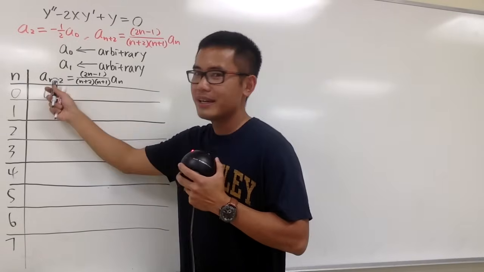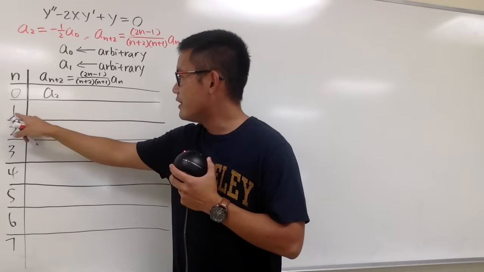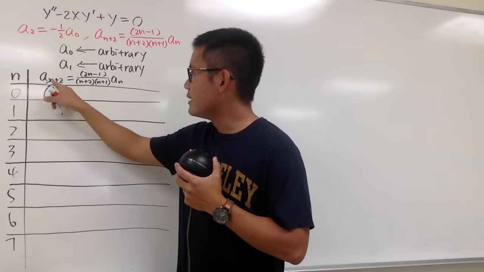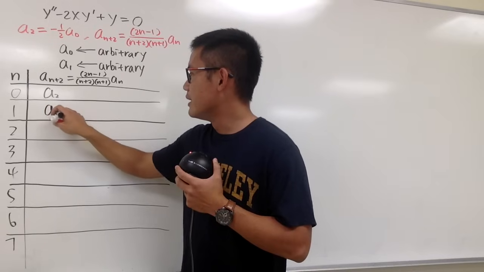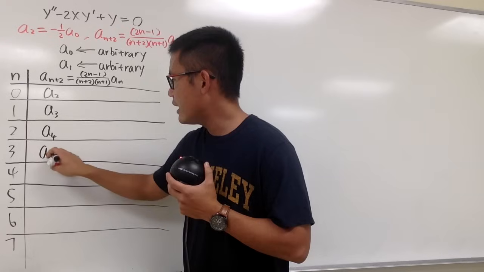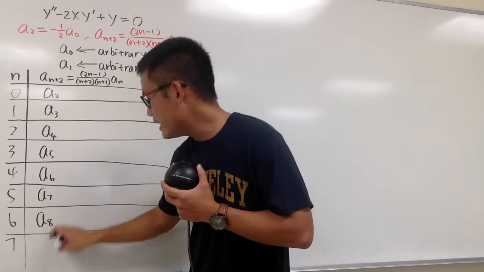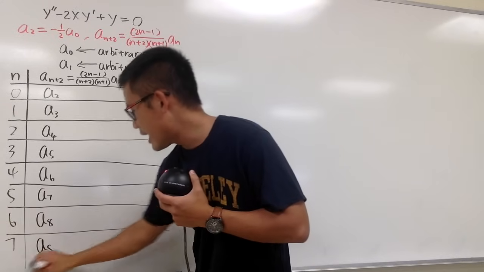Just pick a part and then do it vertically. Okay? So you see, I did a2, and now if n is equal to 1, it will be a sub 1 plus 2, which is a3. And you see the pattern. The next one is going to be a4, and then a5, a6, a7, a8, and at the end is a9.